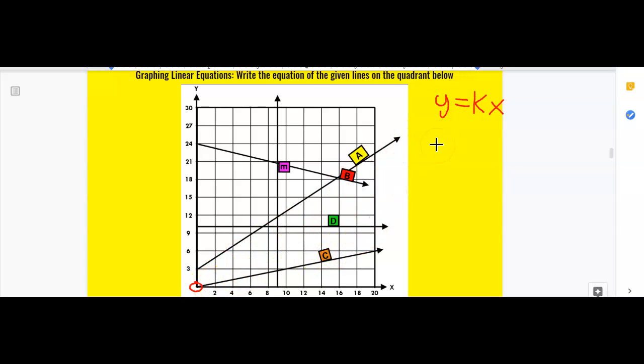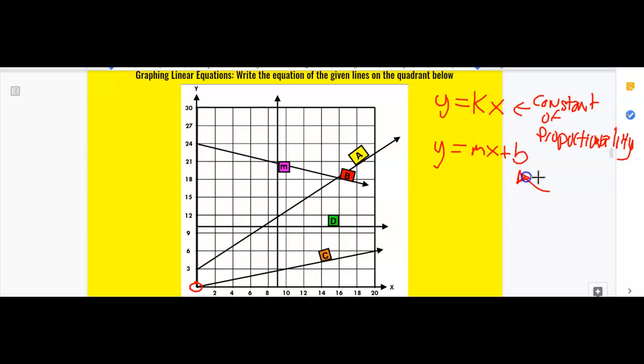Let's talk about the other equation we're used to, slope-intercept form. So let me write that down. I have my constant of proportionality here. So that's the equation there.